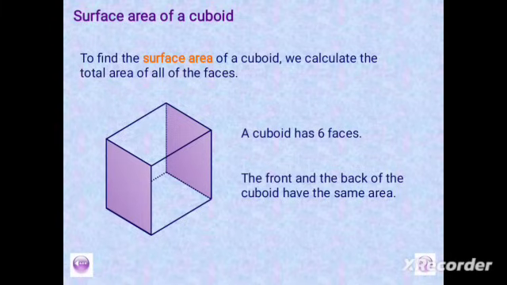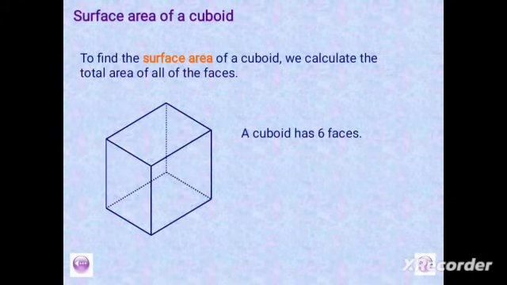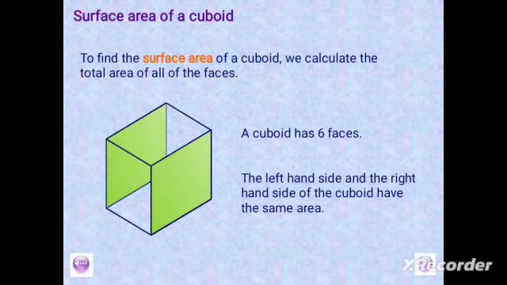Then the front and the back faces of the cuboid also have the same area. And again, we have the side faces, the left hand side and the right hand side of the cuboid, having the same area.